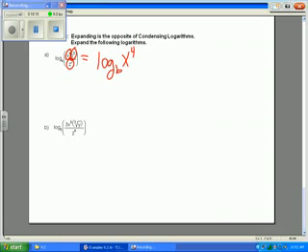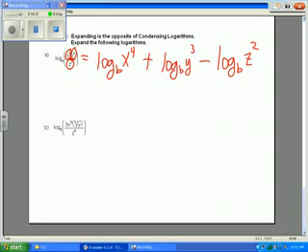So I'm going to do log base b of x to the 4th. Then what? Plus log base b of y cubed. Good. Minus log base b of z squared. Okay. Not finished yet because I've got those powers to continue simplifying by the power property.